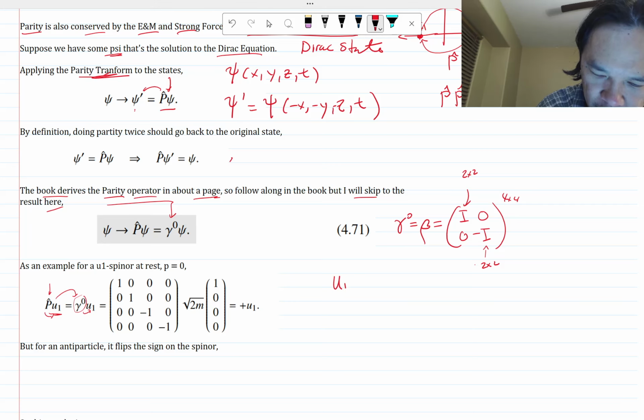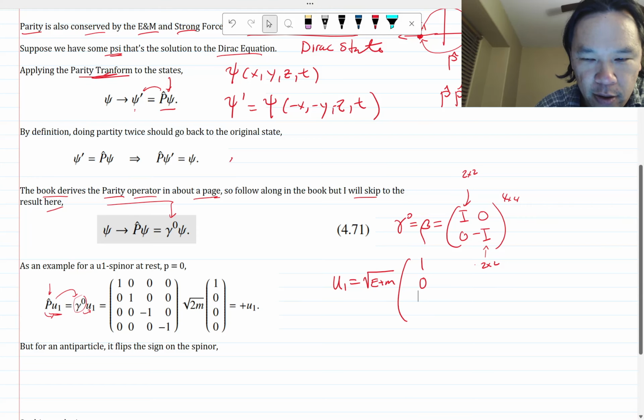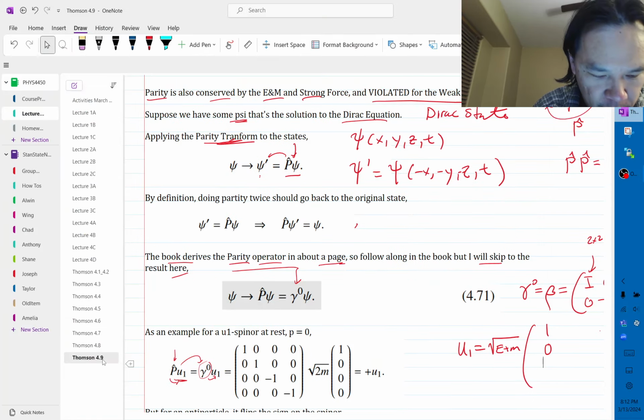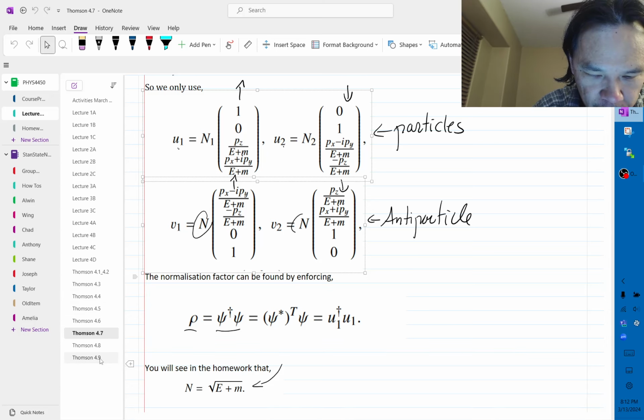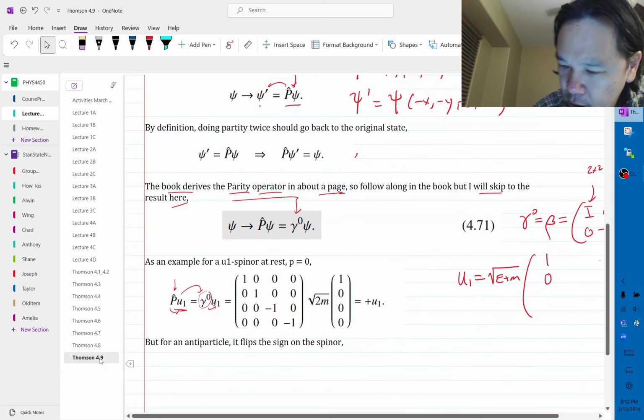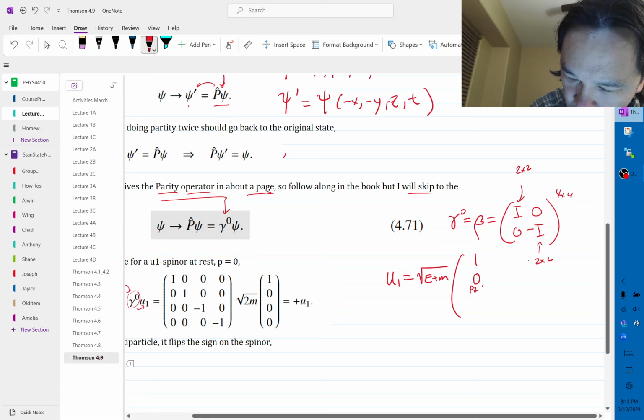Remember u1 in general is the square root of E plus m, with a 1 up here, 0 here, and I want to make sure I look at which one has the pz. The third component has the pz, and the fourth component has the p_y. So the third is pz over E plus m, and the fourth is px plus i py over E plus m.